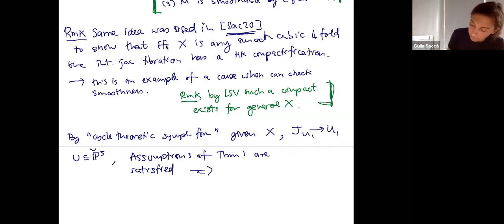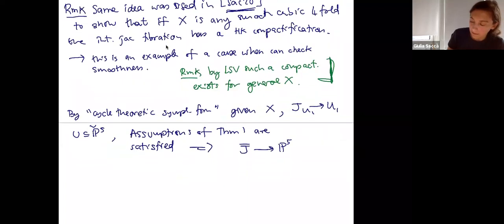And this gives a compactification that a priori has only Q-factorial and terminal singularities.